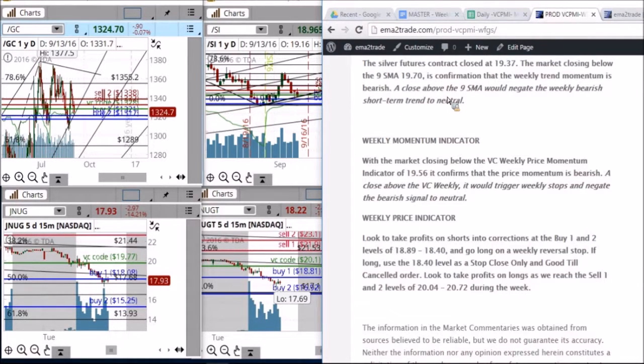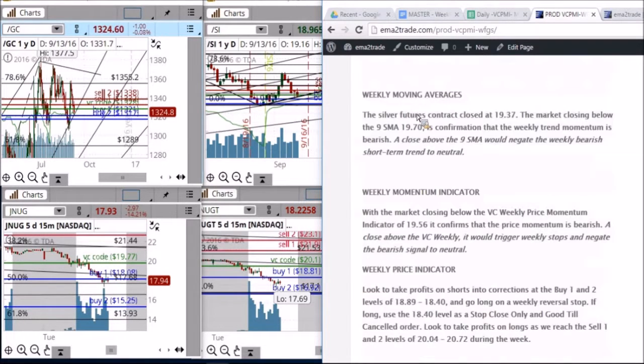But it also gives you the pivot point reversal, that if we close above 19.70, it would negate this bearishness. And so that's the first pivot point or indication that we watch, the 9-day moving average, to negate or activate a trend momentum signal.